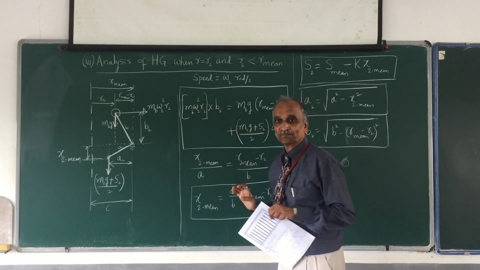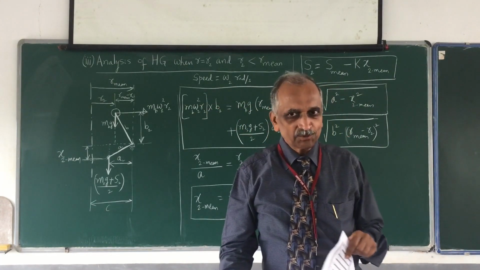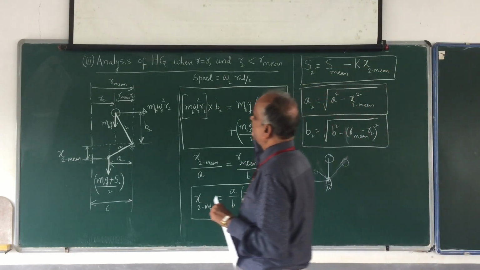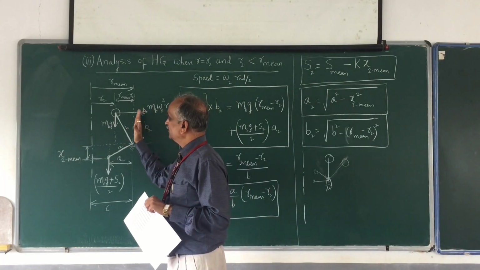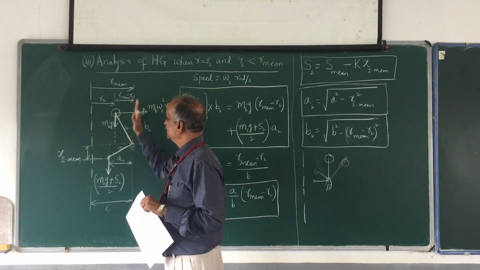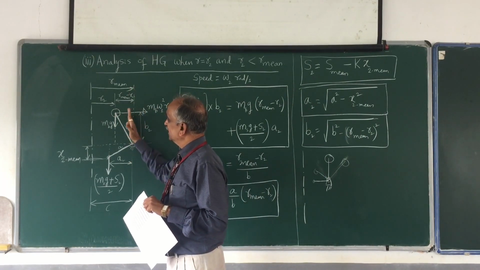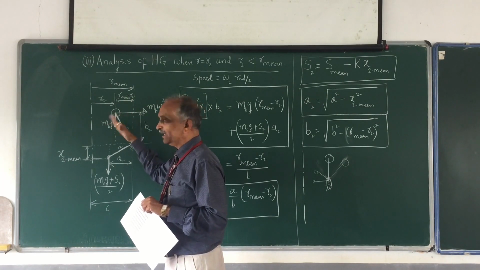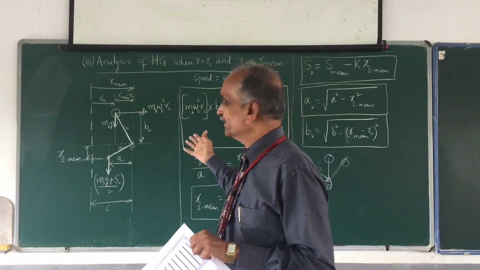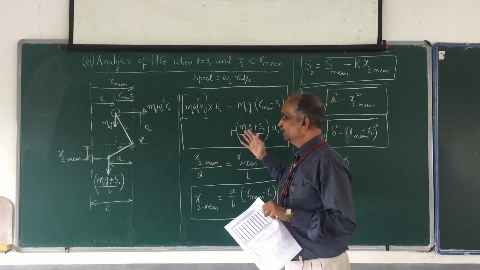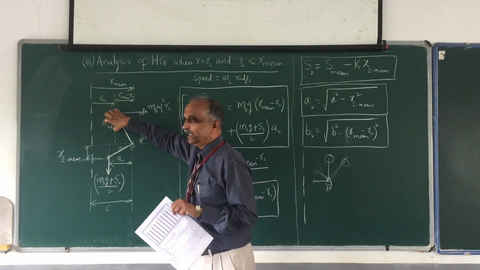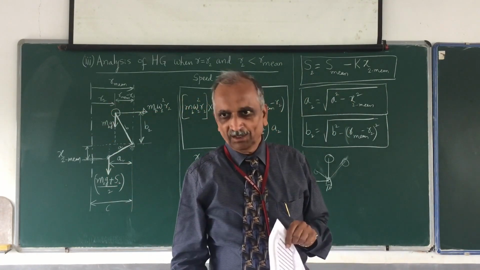Sometimes it is asked in the problem that you don't have to take the obliquity effect into account. When the arms become oblique with respect to the vertical axis, making an angle, you don't have to take that into account while writing the moment equation. In that case, the moment due to the weight of the ball will never come into the picture.